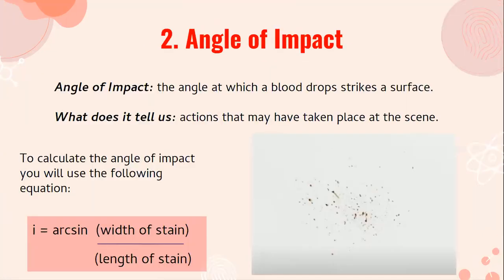So there are different steps here, and there is a formula we're going to use. The angle of impact, the angle at which a blood drop strikes a surface, we use trigonometry, very simple trigonometry, the arc sine of the width of the stain over the length of the stain, in order to solve mathematically the angle of impact.